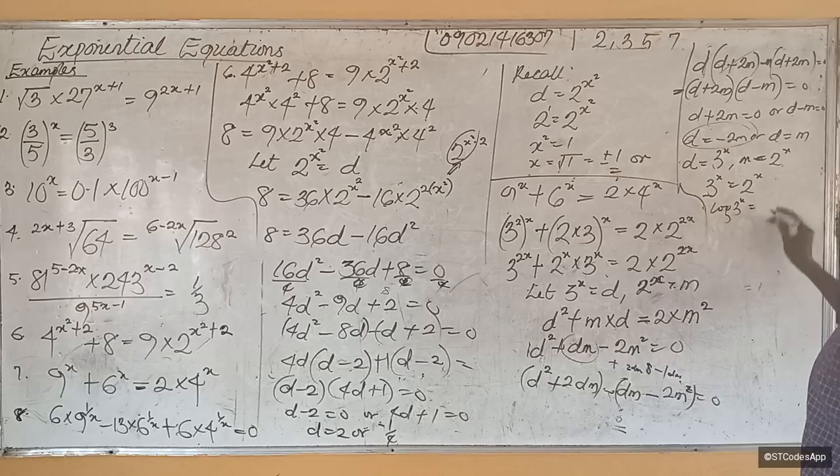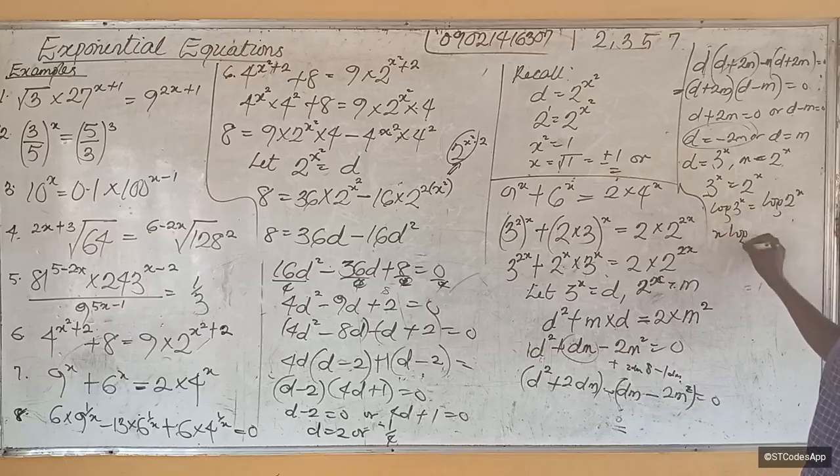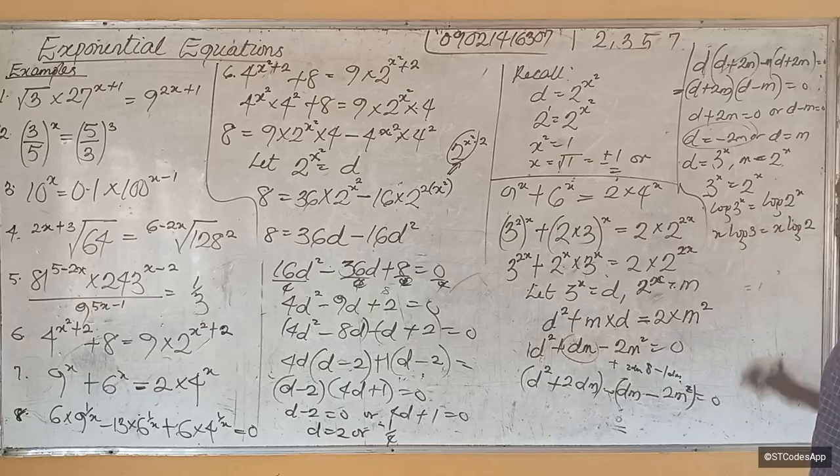I've not even shown you the relationship between them though. So x log 3 is equal to x log 2. So from here, we'll have to find what log 3 is and what log 2 is.